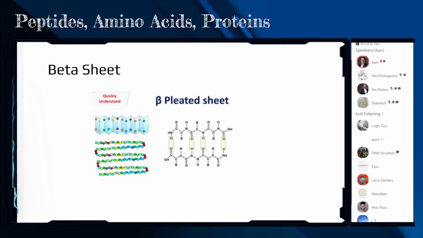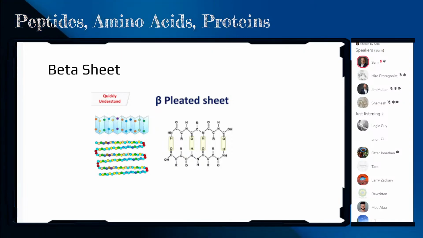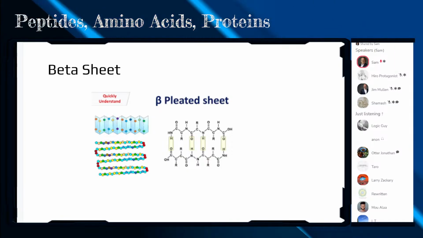So you get this going back and forth, pleats, that you have hydrogen bondings between the lines that go back and forth.